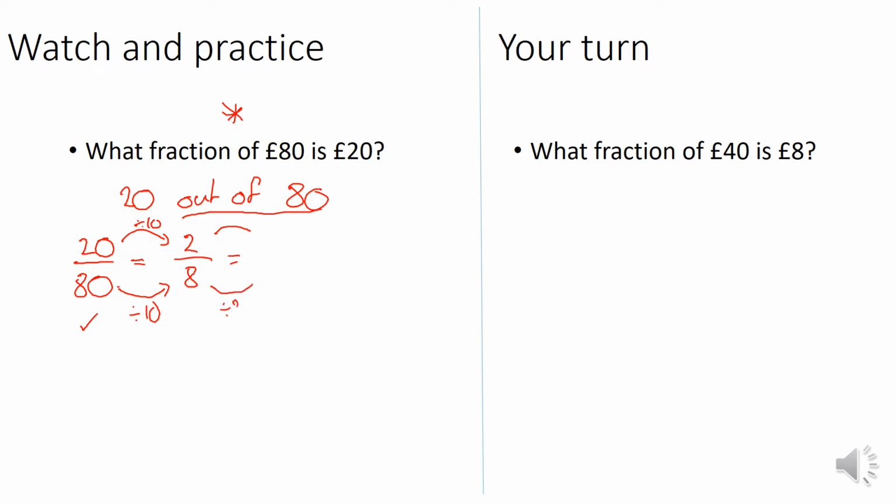We can actually divide them both by 2. That gives us 1 on the top of the fraction, 4 on the bottom of the fraction. So a quarter. So 20 is a quarter of 80. So we've written 20 out of 80 as a fraction. 20 out of 80 is a quarter.